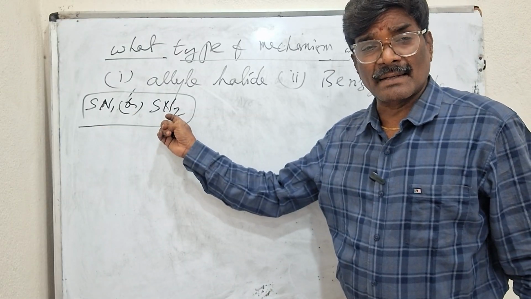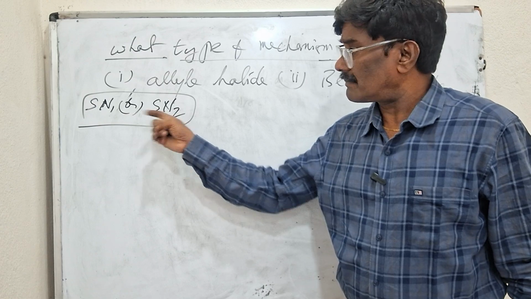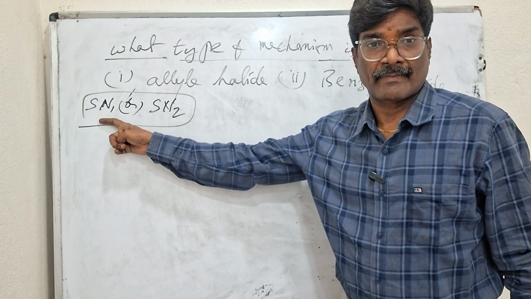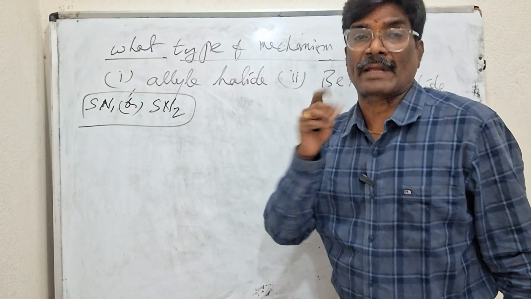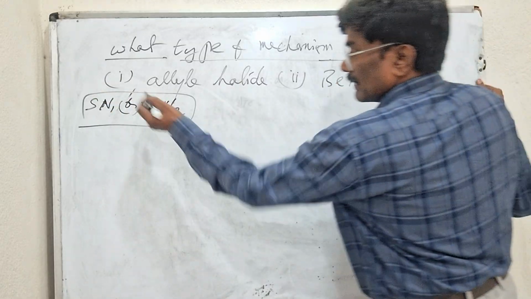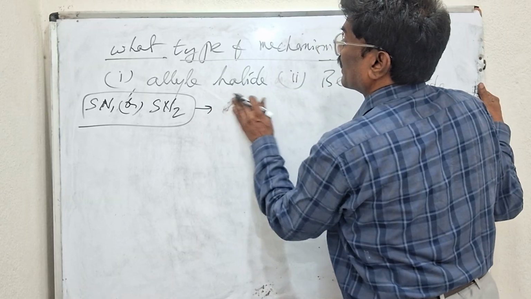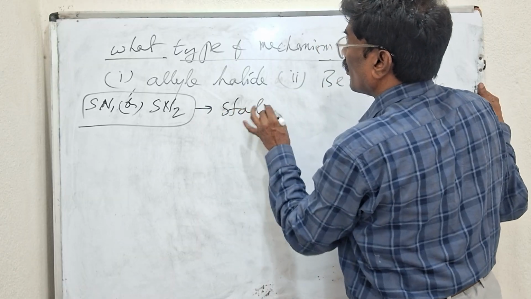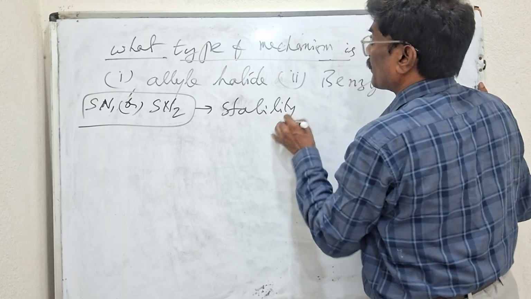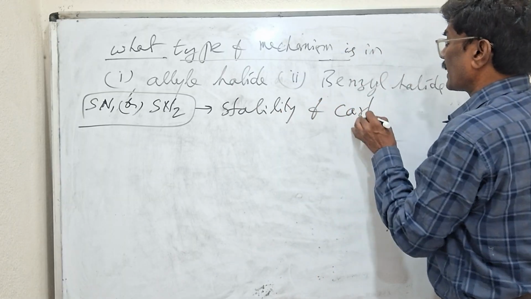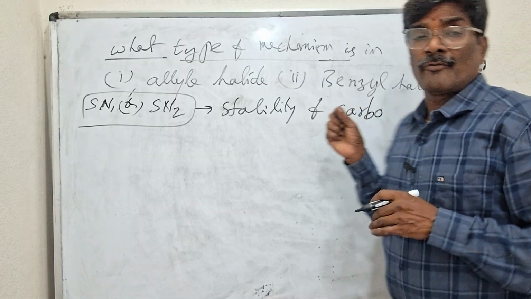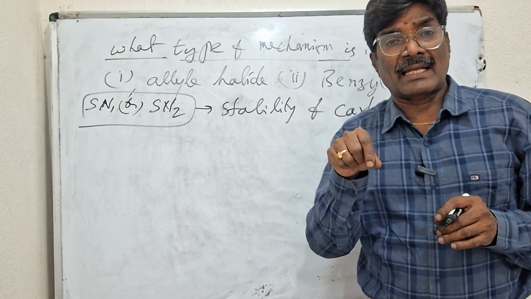SN2 reaction takes place in primary alkyl halides. SN1 takes place in tertiary, because of the stability of the carbocation. So SN1 or SN2 depends upon the stability of the carbocation. Carbocation means a compound which contains a positively charged carbon atom.